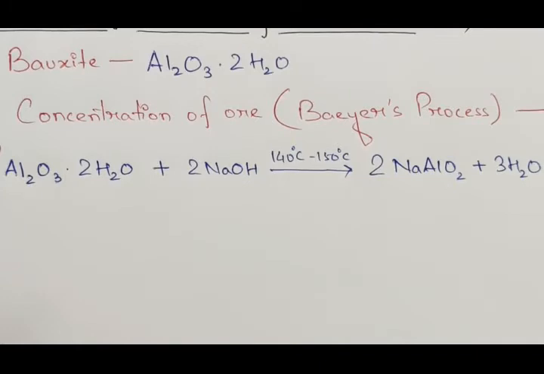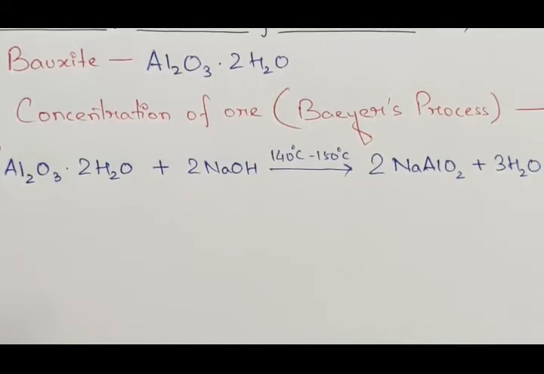So red mud consists of ferric oxide, sand and titanium oxide. As I said earlier, in bauxite they are present as the impurities. So the combination of ferric oxide, sand and titanium oxide is called the red mud, and we can remove that impurity by using the filtration method. Clear?